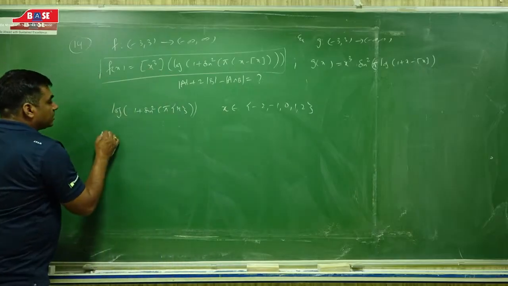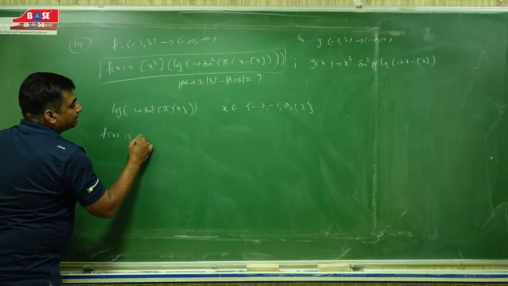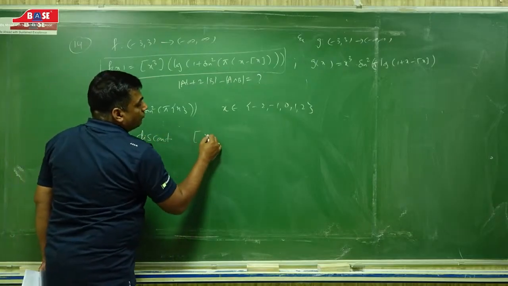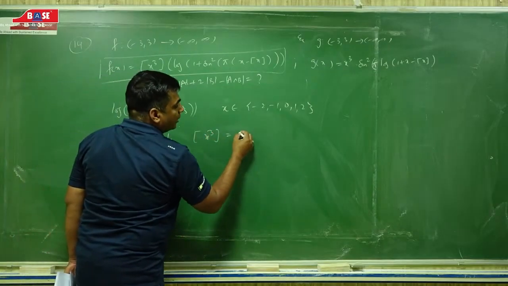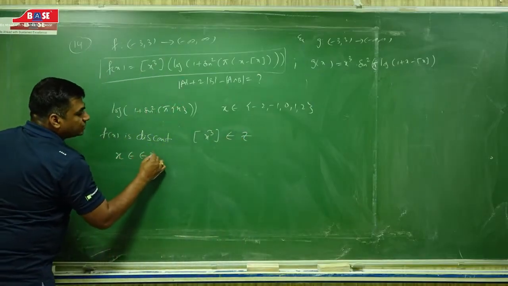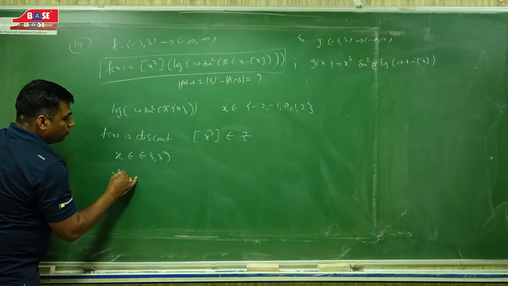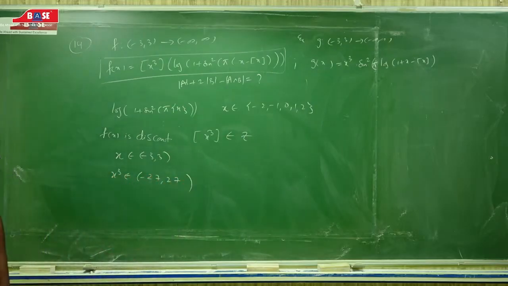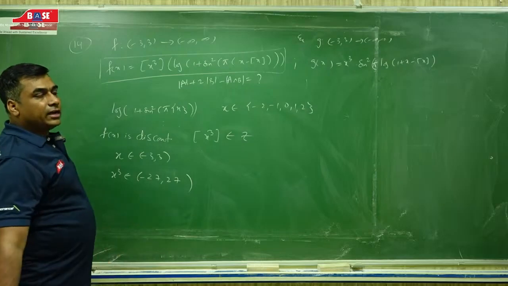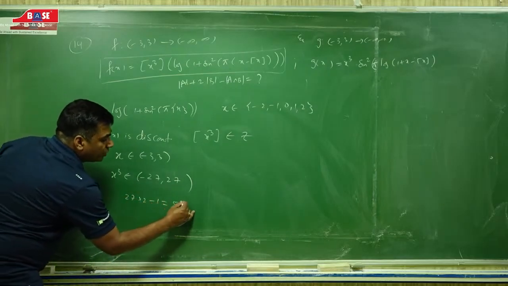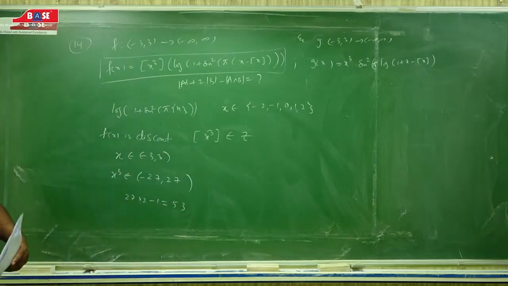But when will it be discontinuous? f of x is discontinuous when floor of x cube belongs to the integers. As x belongs to (-3, 3), x cube ranges over (-27, 27). So the number of integer values for x cube will be 27 times 2 minus 1, that is 53 values we will get as integral values where this function can be discontinuous.